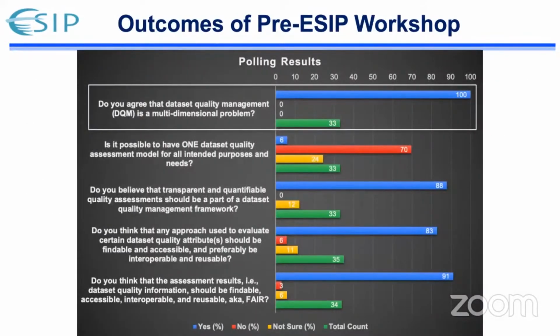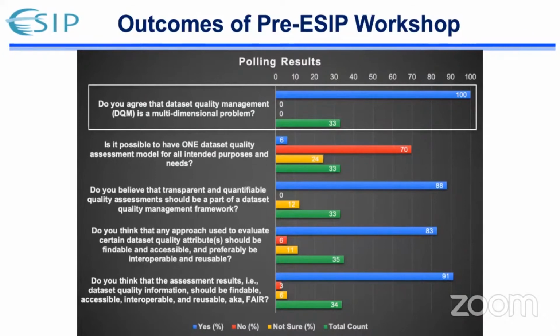In the next several slides, I'm going to go over some of the preliminary outcomes, particularly those from the pollings. The participation count is represented by the green bar at the bottom.